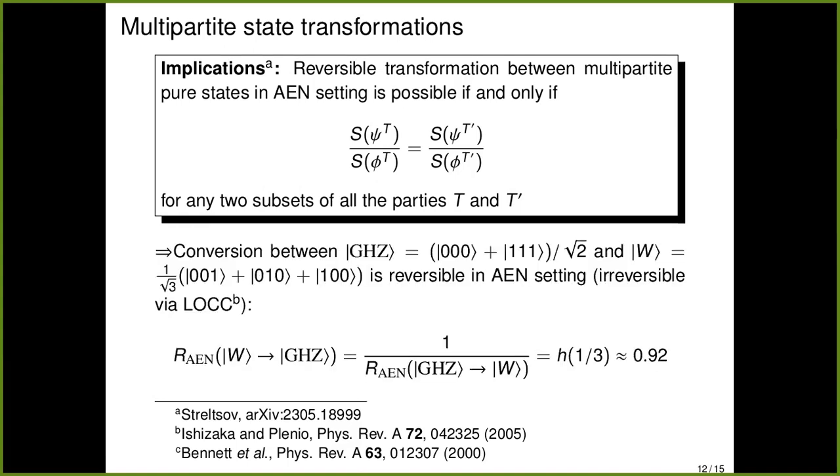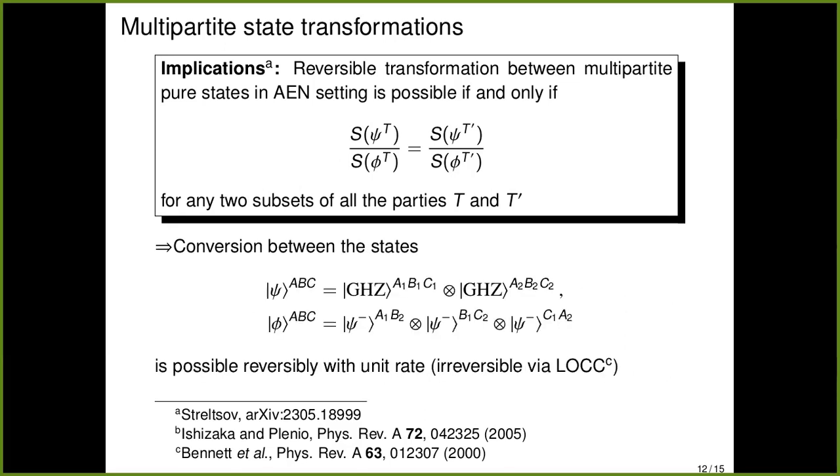And that, for example, means that you can reversibly convert GHZ into W states. And well, the conversion rate from W into GHZ is actually here the binary entropy of 1/3, which is 0.92 in that setting. And I remind you that transformation between these two states is not possible reversibly via LOCC.